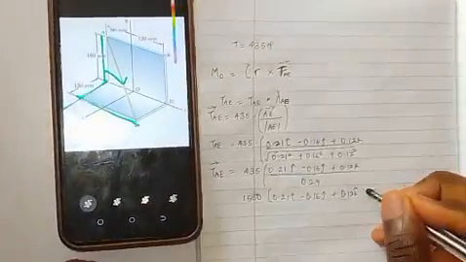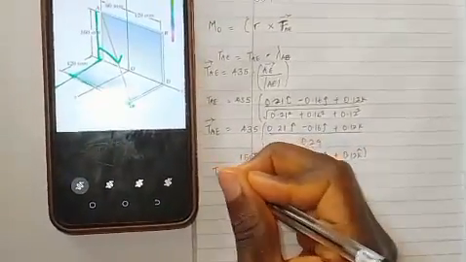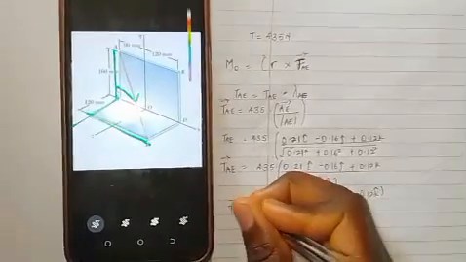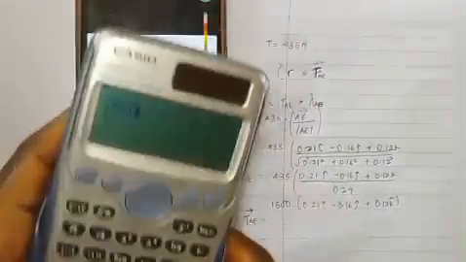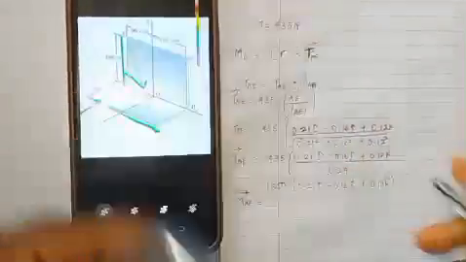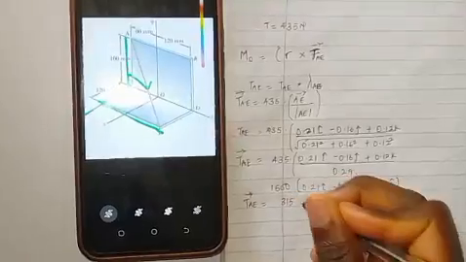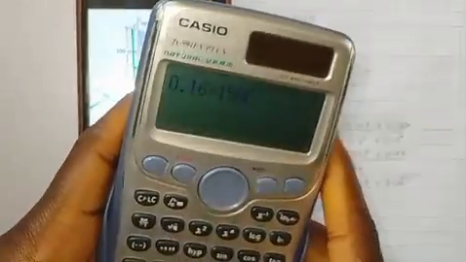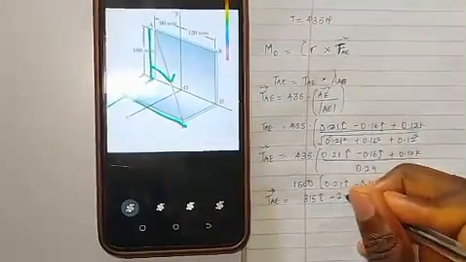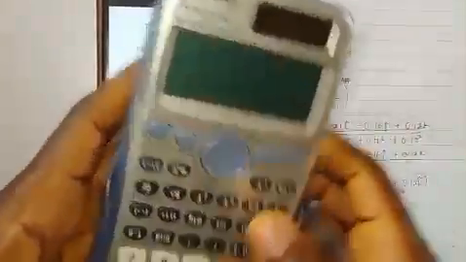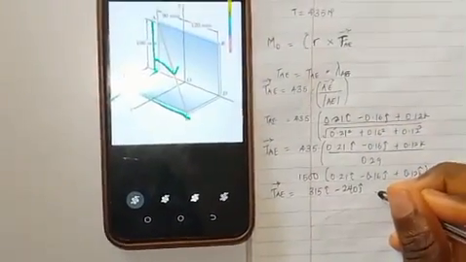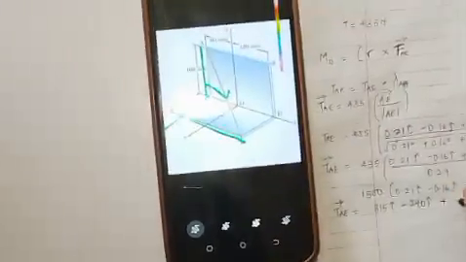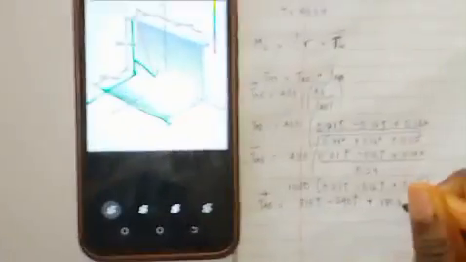So our tension AE in vector notation is 1500 times 0.21, which is 315 in the i direction, minus 0.16 times 1500, which is 240 in the j direction, plus 0.12 times 1500, which is 180 in the k direction.